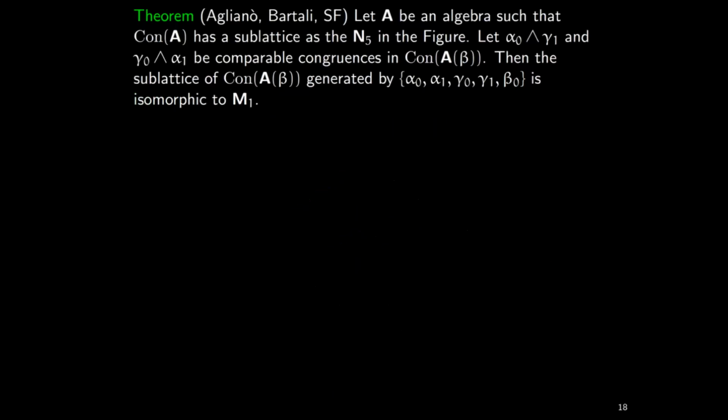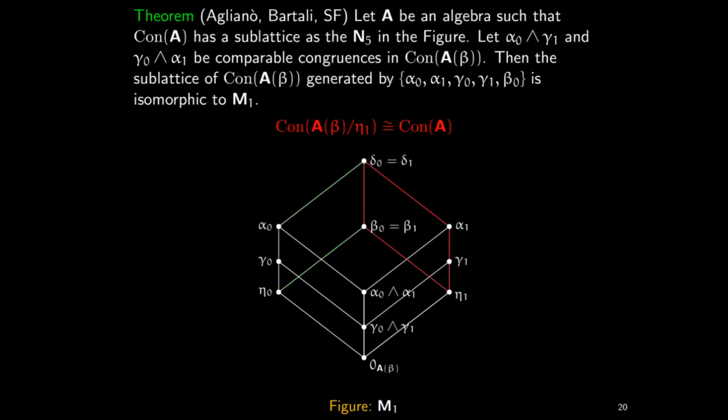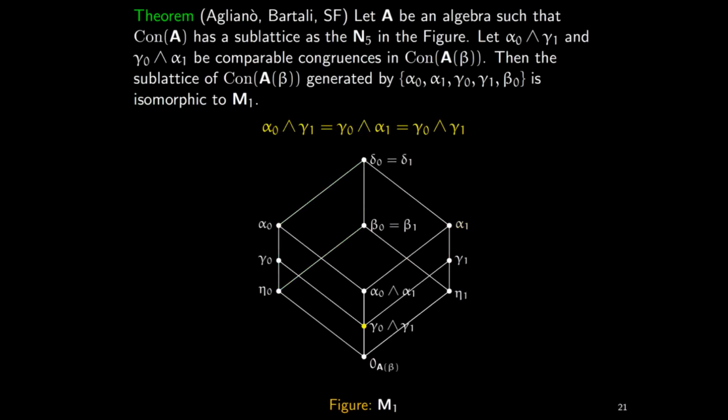Okay, it was the wrong side of the arrows. Then, of course, you have to prove that the other joins and meets are correctly depicted in the picture.